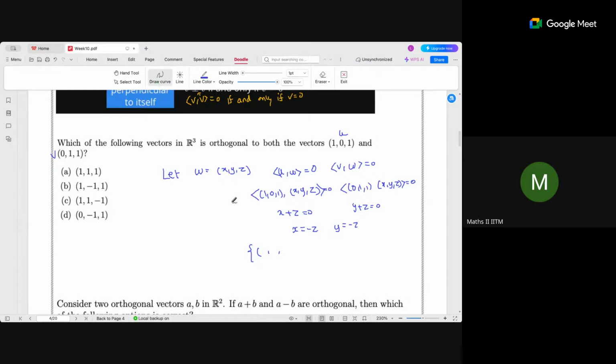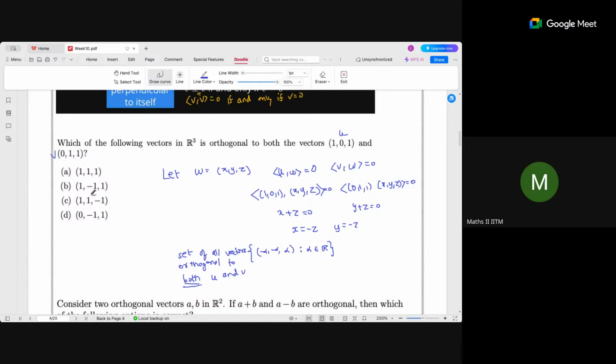If z is equal to alpha, then it is (-alpha, -alpha, alpha) with alpha in R. So this is the set of all vectors orthogonal to both u and v. Any vector orthogonal to u and v should be of this form.